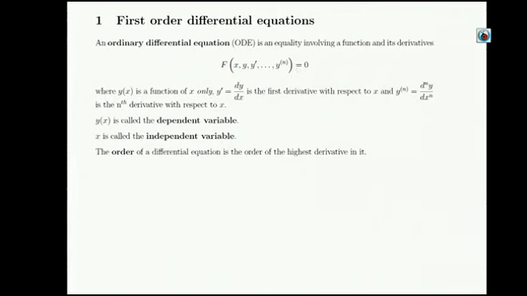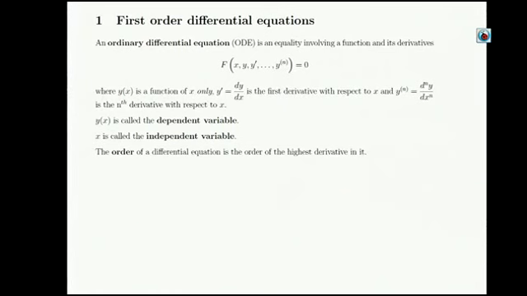And the ordinary part means the thing that you want to find is a function only of one variable. If you look at this one here, y is going to be a function of x. And it's a function of x only, it's not a function of anything else. The other thing you can have apart from ODEs is PDEs, and the P stands for partial.